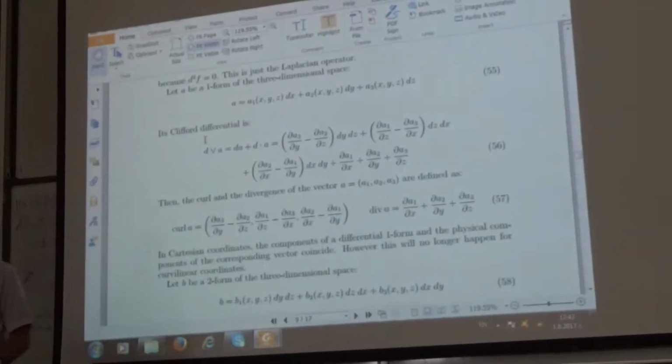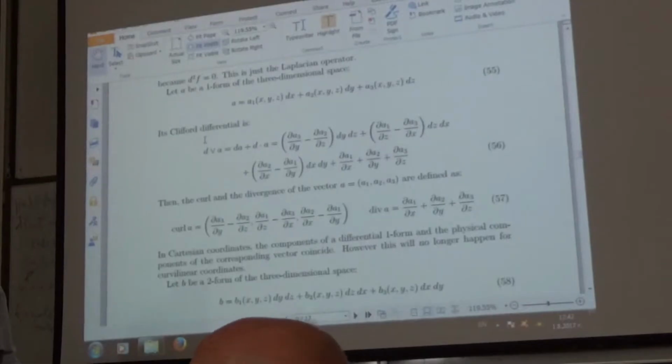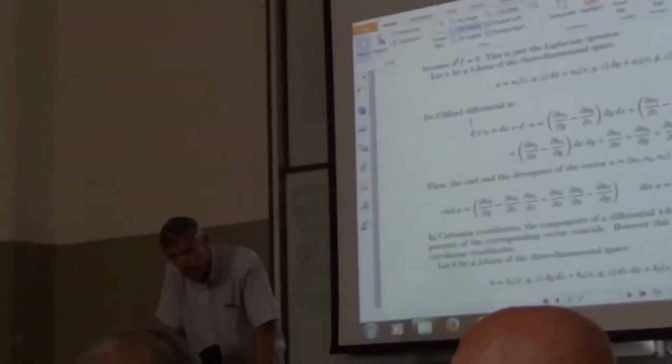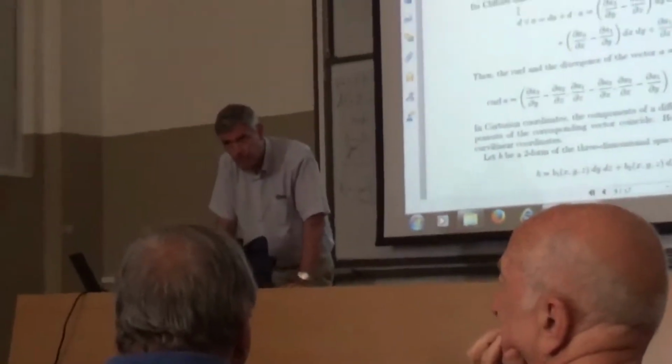Is there any difference between applying the chain rule in vector spaces and the Clifford differential? Just like the Clifford differential applied to a differential. And you leave the Laplacian.